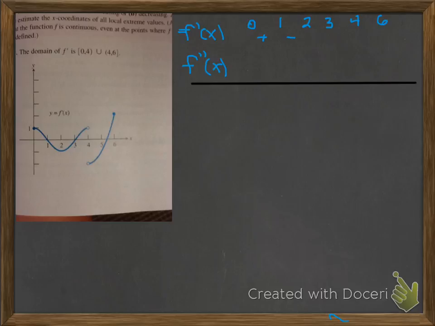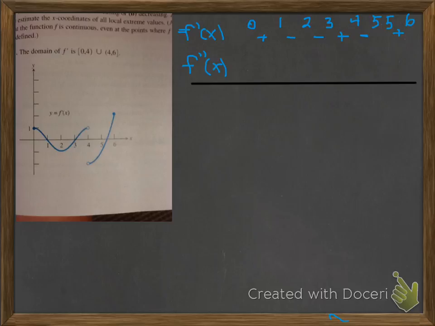From 2 to 3, we're still in the negative. 3 to 4, we're positive. And then 4 to 5, really that's 5.5. Let me add that in. 5.5 and 6. We're negative. And then positive all the way up to 6.